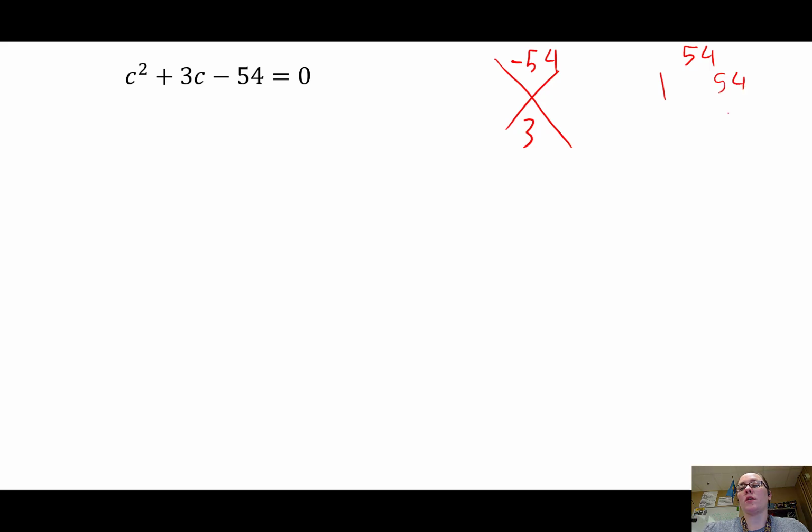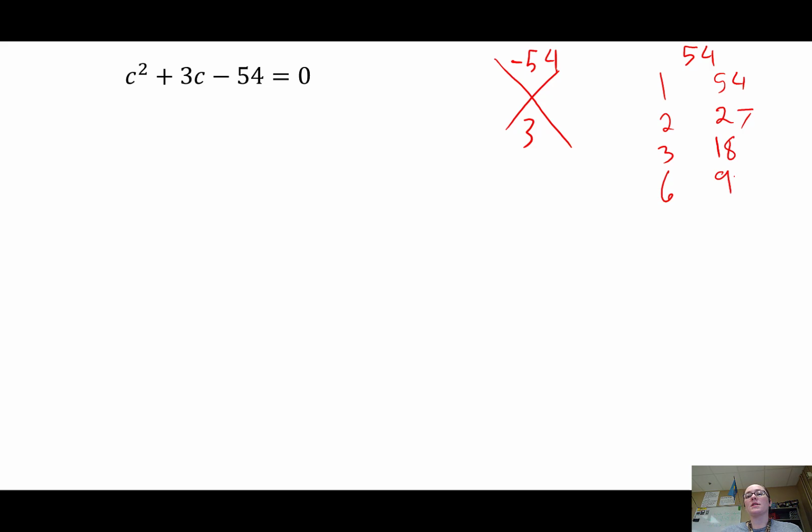Well, 1 and 54, 2 and 27, 3 and 18. 4 doesn't work. 5 doesn't work. 6 and 9. 7 doesn't work. And 8 doesn't work. All right, so there's my factors.